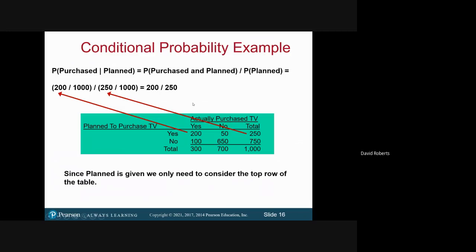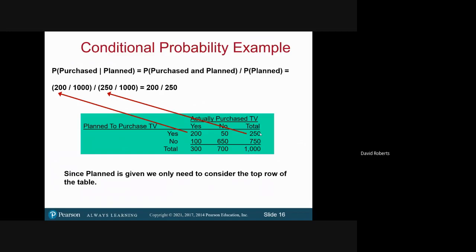All right. So a conditional probability in this particular case, as I mentioned earlier: what percentage of people who planned to buy a TV actually did? That's what this answers. So 200 people out of 250. 250 said they were going to buy a TV, and 200 carried forward with that. When companies do surveys on the internet, they say, do you plan to buy a car in the next 30 days or 90 days?